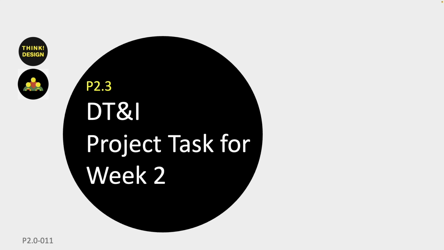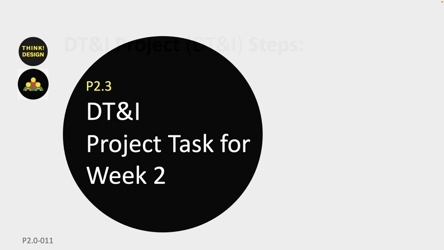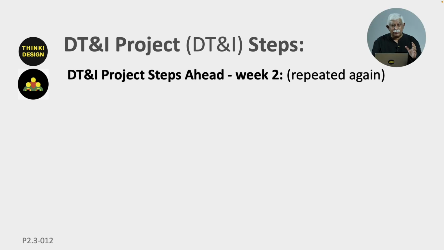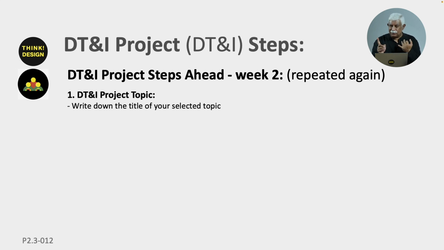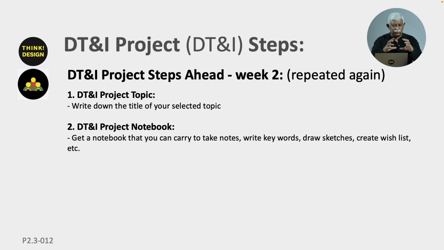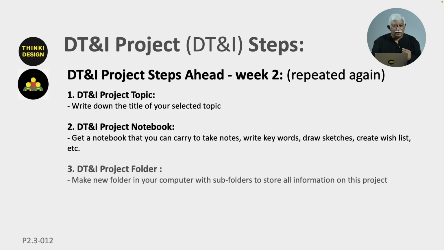Let us have a look at the project tasks for this week. These are the steps. I am repeating some of the steps because this is a very important part of your project. First is, you have to select the topic. Please write down the title of your selected topic. You need to have a notebook, one that you can carry around for taking notes, keywords, sketches, brainstorming, all that.